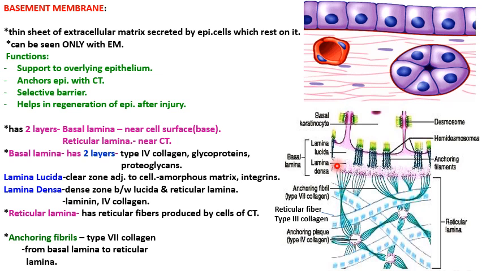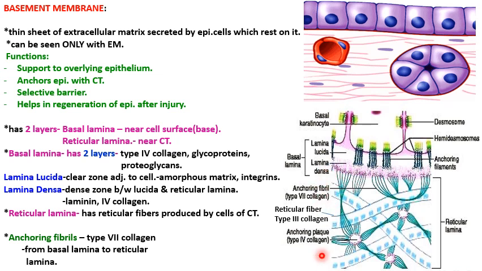The lamina densa is a very dense zone between the lamina lucida and the reticular lamina, and it abundantly has laminin and type 4 collagen.